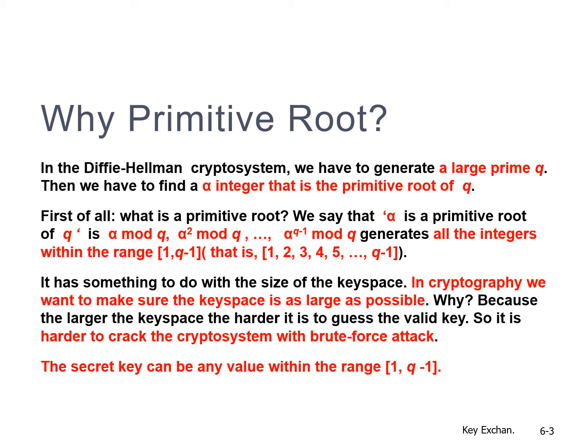Then, what is a primitive root? It is said that alpha is a primitive root of q if alpha mod q, alpha squared mod q, up to alpha to the power of q minus 1 mod q generate all the integers within the range from 1 to q minus 1.